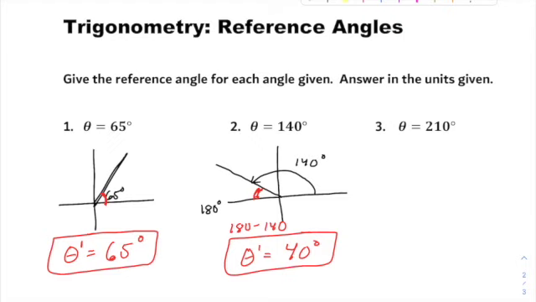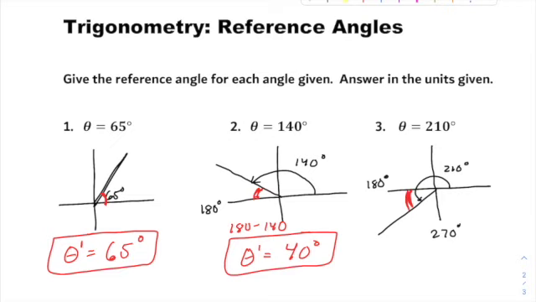So example 3, we are more than 180, but less than 270, so we're in quadrant 3. There's 180, there's 270, so 210 would be something like that. And the reference angle is right there.